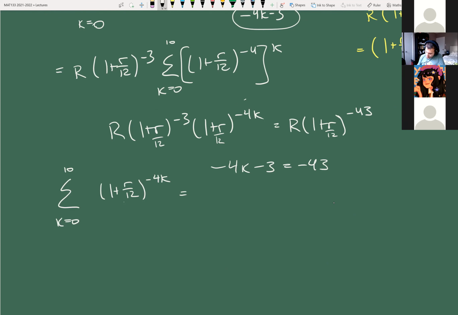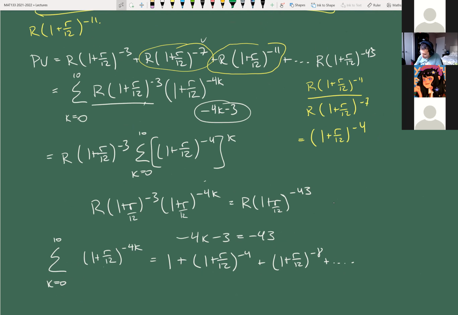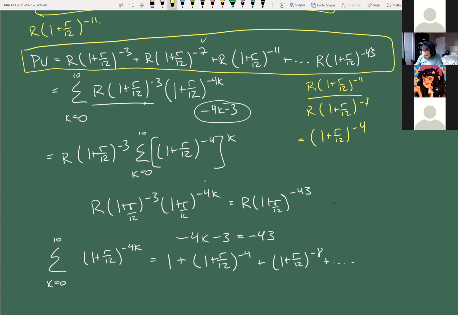If we just include this and I plug k equals 0 into this, I get 1 plus r over 12 to the negative 4 plus 1 plus r over 12 to the negative 8 plus ... Now compare this equation with this equation.